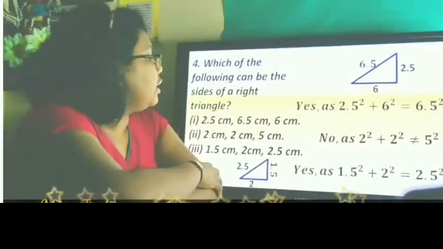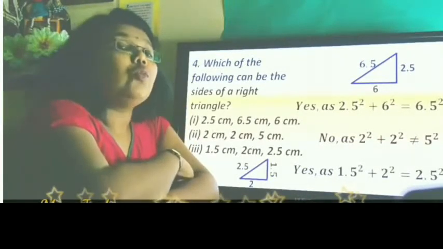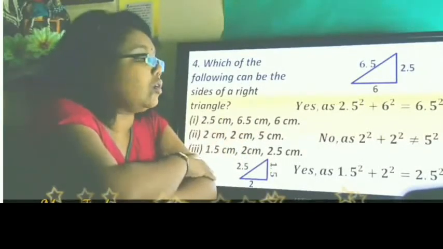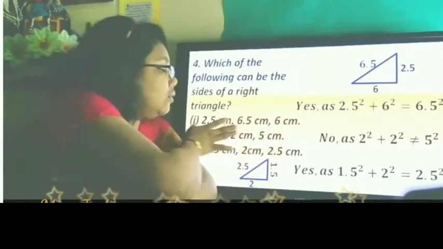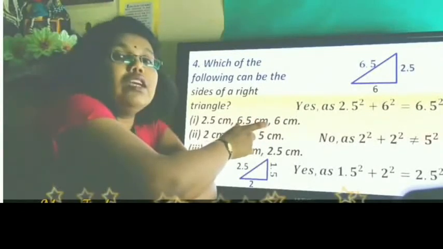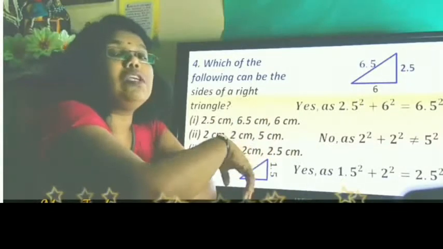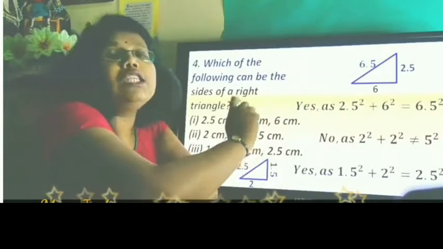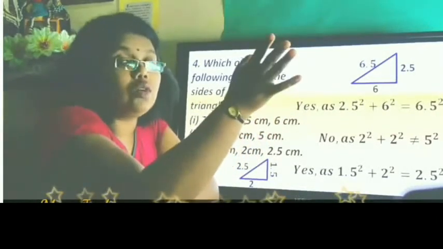Which of the following can be sides of a right triangle? Here we have to check whether the given measures form a right angle or not. To do that, we first see which is the longest side. 2.5, 6.5 and 6. The longest side is 6.5, so 6.5 is going to be the hypotenuse. One thing we must always remember is that the hypotenuse is the longest side in a right angle triangle, because the addition of two sides squared gives you the third side squared.